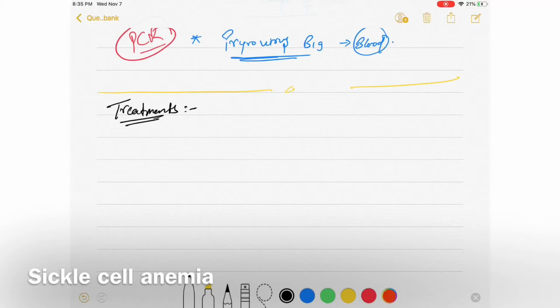As you know, in sickle cell anemia a severe crisis happens. In a severe crisis, during the initial stage, the doctor mostly gives the patient oxygen and normal saline for pain relief.